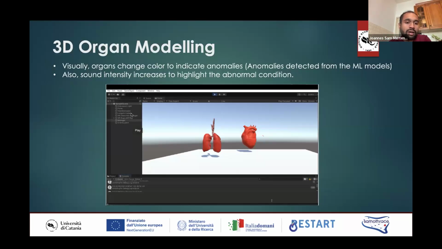So you get maybe a different sound that will alert the doctor or whoever is wearing it. And also, if, for example, the doctor is operating, wearing this Oculus, and is injecting a drug, and suddenly there is a change in color in the organs, like a red color, it means that something abnormal is happening. So this can alert the doctor, and it can prevent an accident.